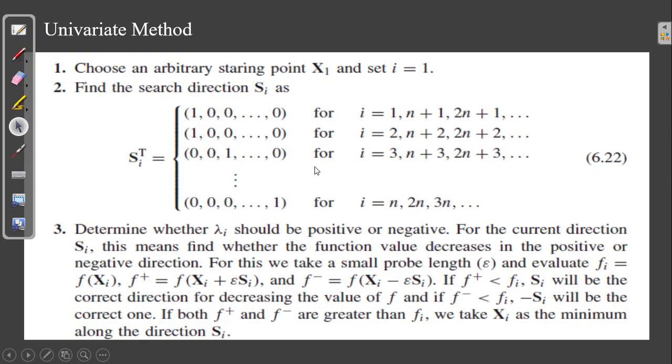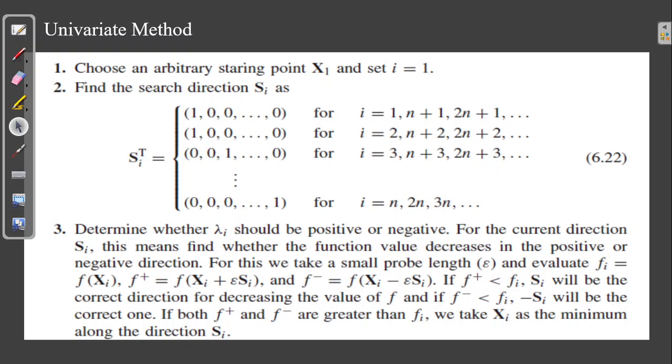Now we are going to discuss the steps to be followed for the univariate method. These are the steps.